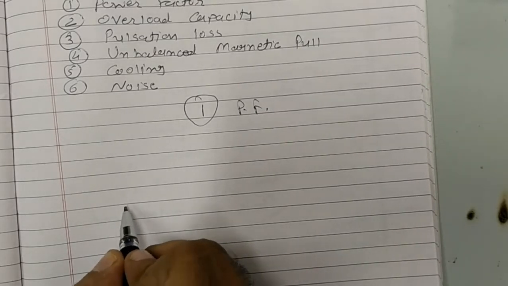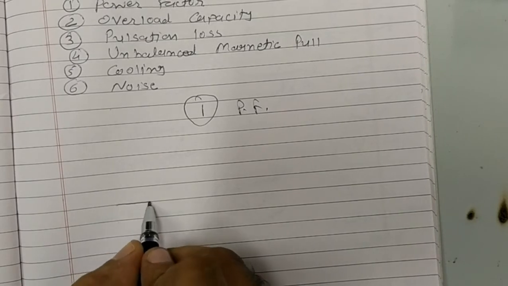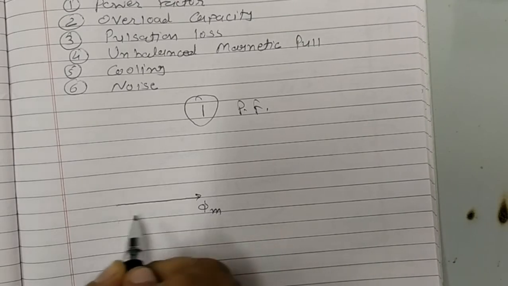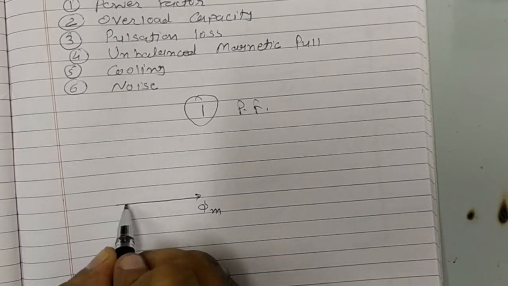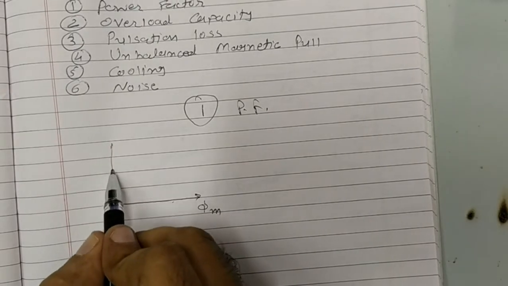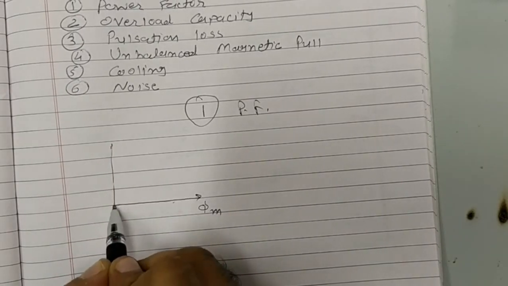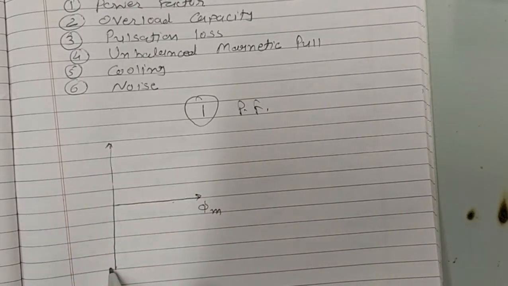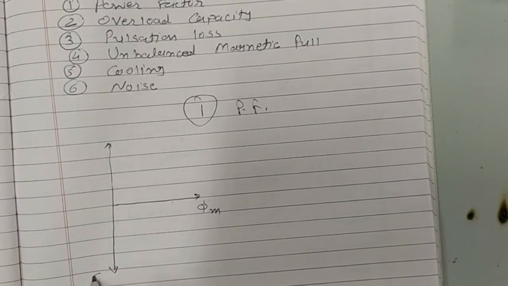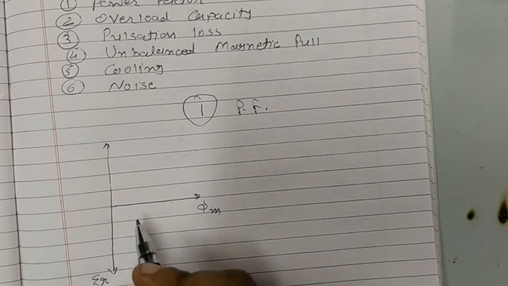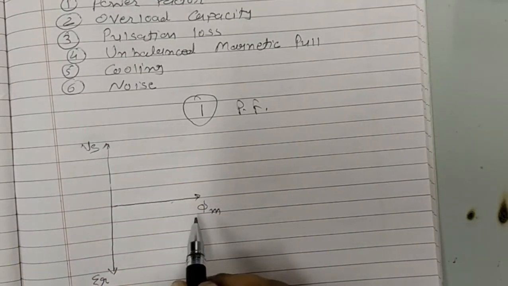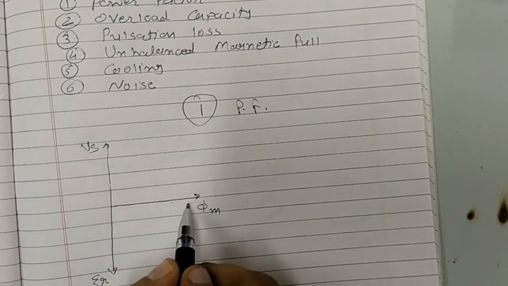Let us say this is the flux axis, phi m, and the magnetizing current is going to be in the same phase with phi m. We can draw the voltage vectors like this, where we have the rotor EMF ER over here, and we have the stator or supply EMF over here, and the magnetizing current will be in the same phase with phi m.